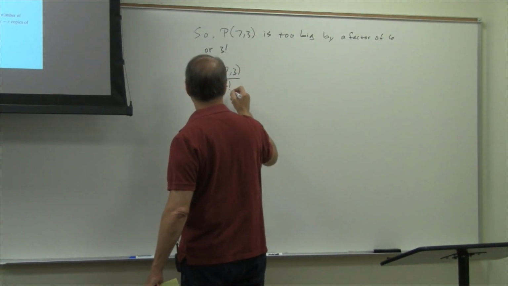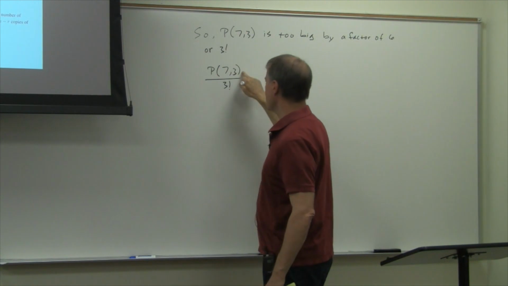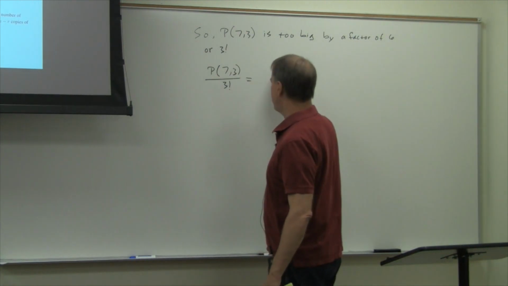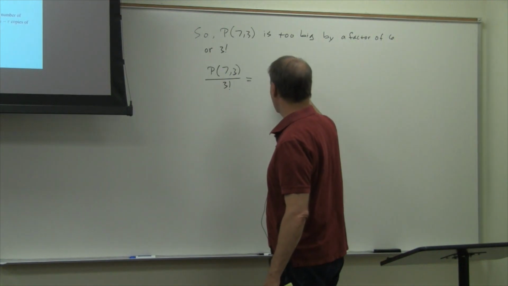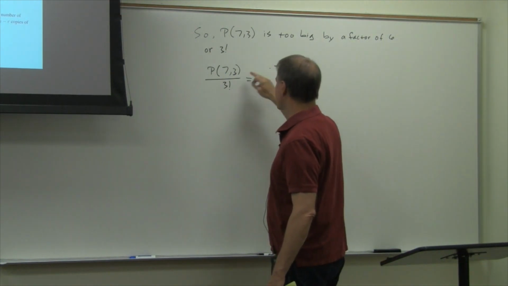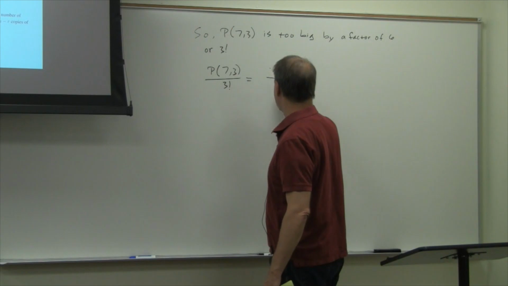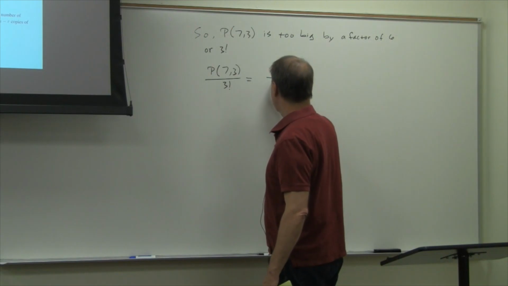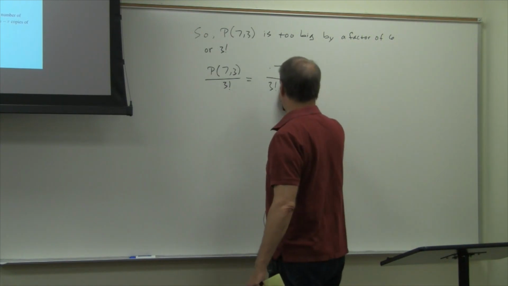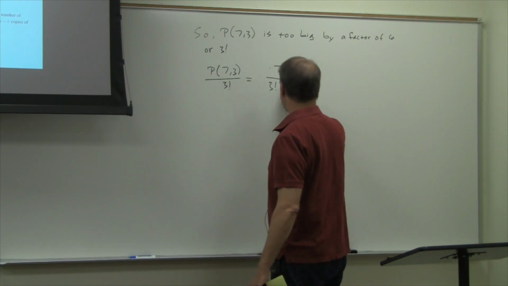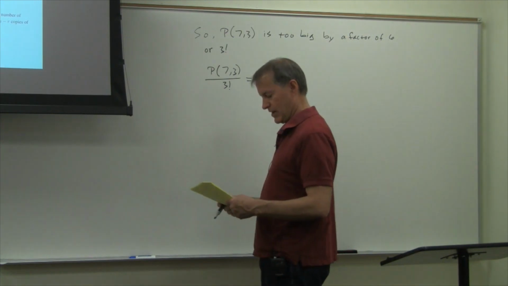But what is P(7,3)? That's 7 factorial divided by 7 minus 3 factorial, which is 4 factorial. Over 3 factorial. That's the whole thing, 7 factorial over 3 factorial times 4 factorial.